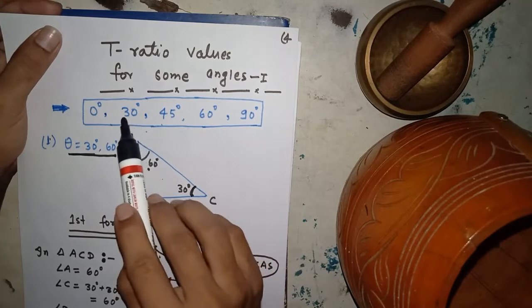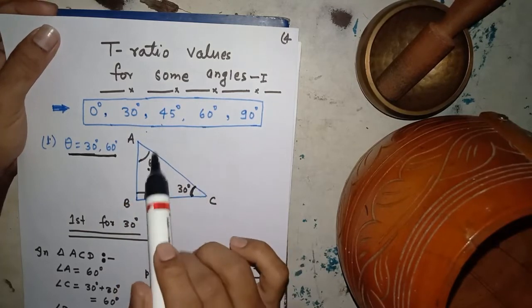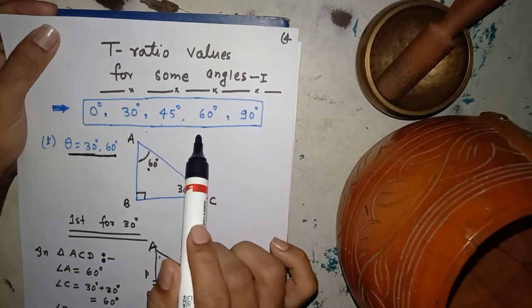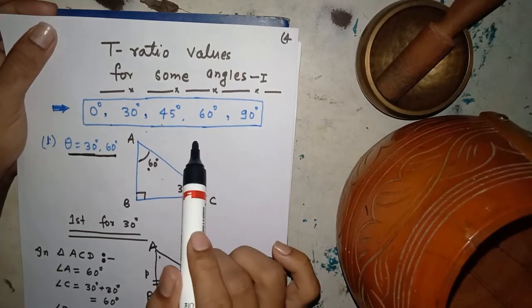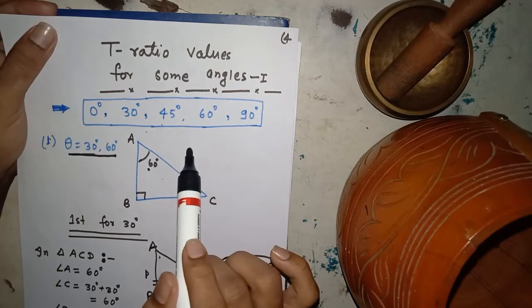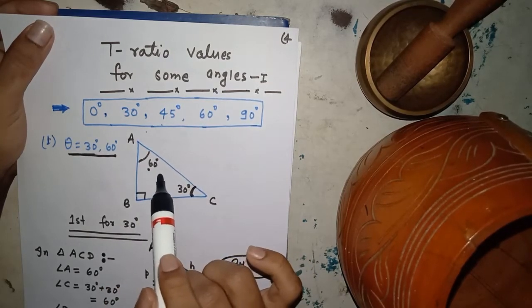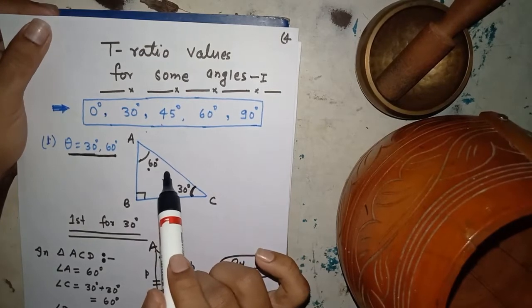I am taking only 30 degree and 60 degree, and you can find the other particular angles by yourself in your notebook, if you understand the things I am talking about.